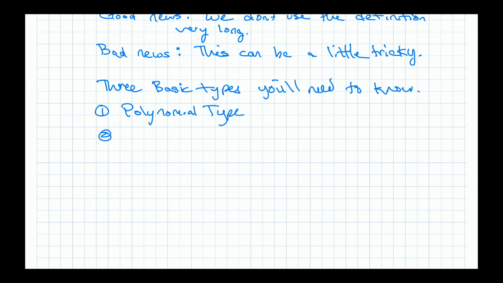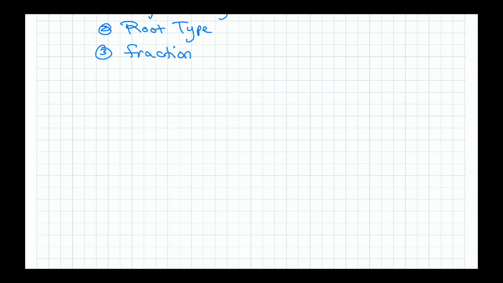You're going to see root type, like square root. And you're going to see fraction type. And so you might remember those from back when we did limits. And really, that's all we're doing again, the same type of thing. Okay, so with that said, let's get our definition of the derivative so we can get going.